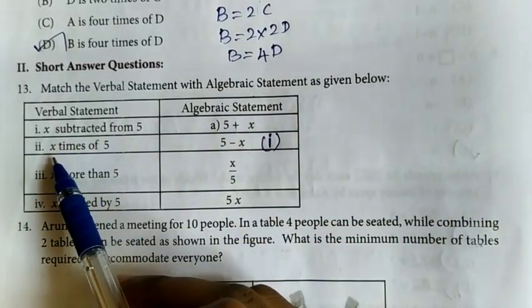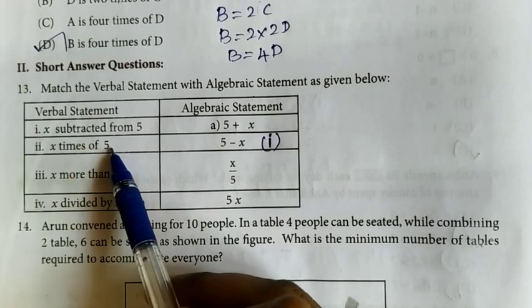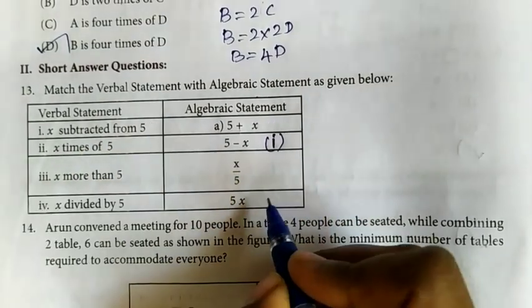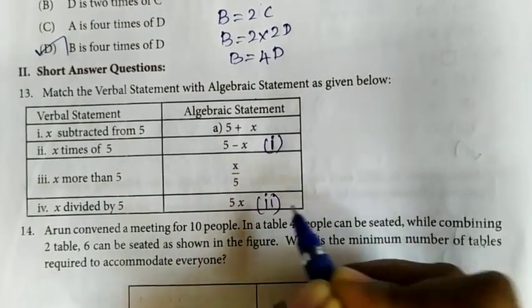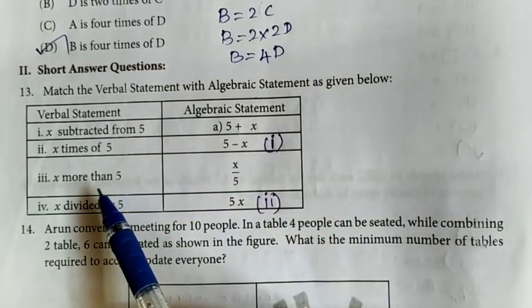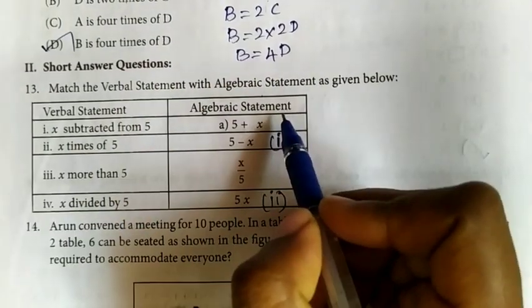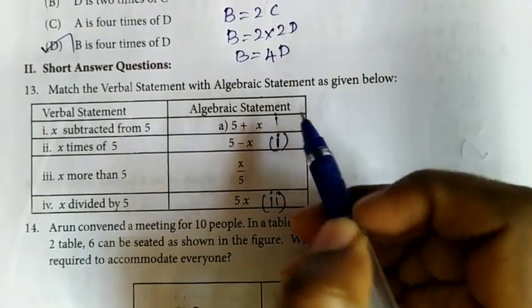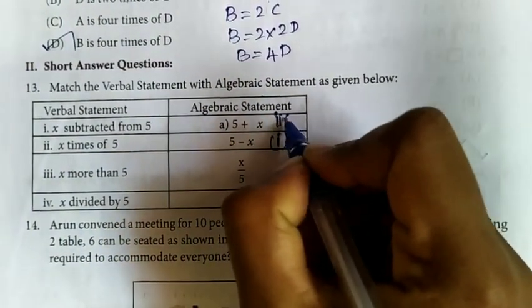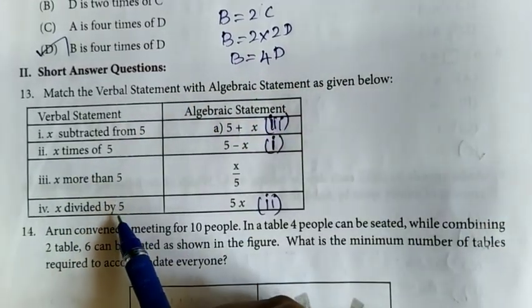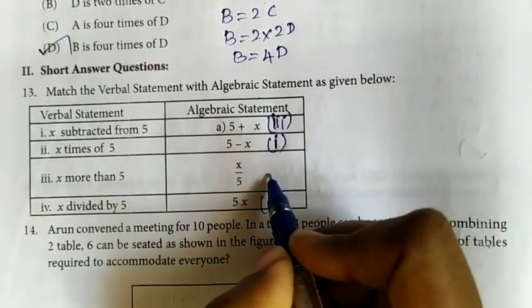Then x times of 5. So we write as 5 into x. Then x more than 5. So we write it as 5 plus x. Then x divided by 5. We write it as x by 5.